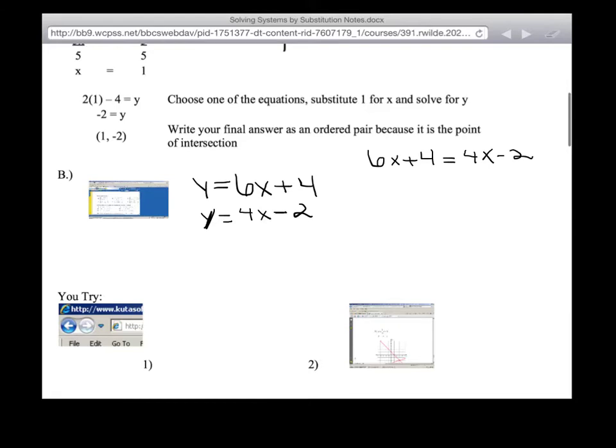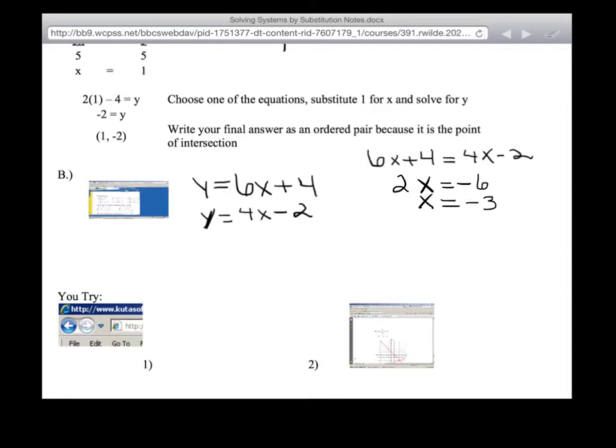And your ultimate goal here is to solve for x and y. And if you look at the equation now, you know that you are solving for what variable? You are solving for x first. So we go ahead and solve for x, and you should get 2x equals negative 6, x equals negative 3.